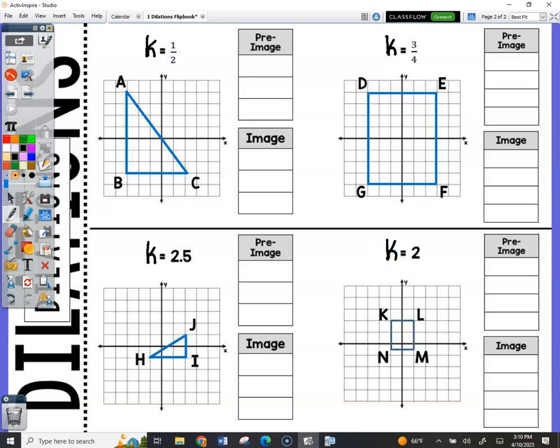So you might be wondering, how are you going to graph a half point? You just go halfway to the next line. So for instance, H-I-J. H is -1, -1. If I was to find H prime, I would multiply by 2.5.